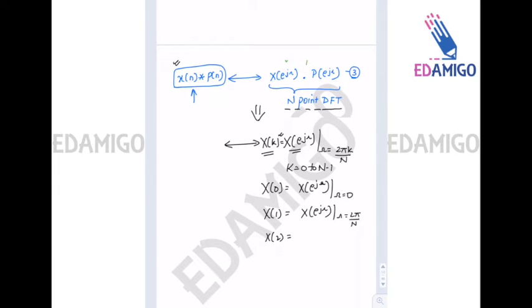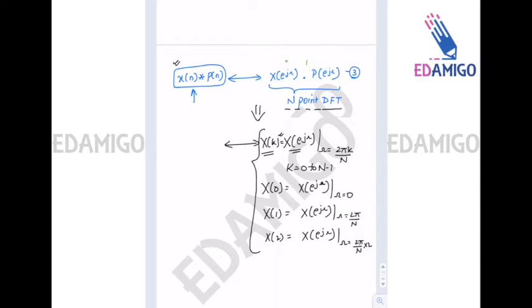Similarly X[2] will be X(e^{jσ}), k equal to 2, 2π by N into 2, and so on. So this is the DFT, that is N samples of DTFT.